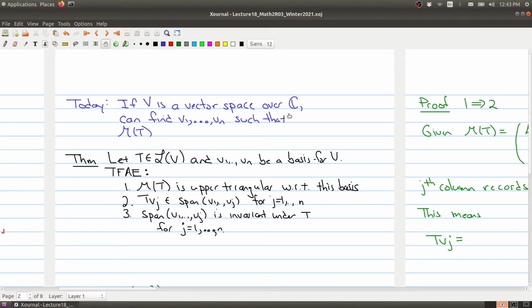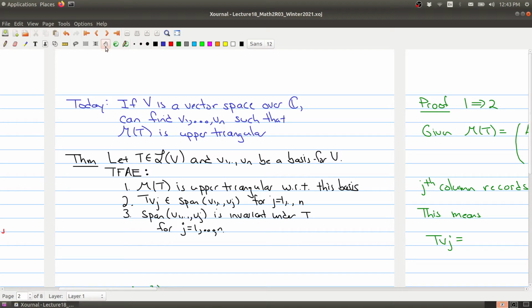My goal, or our goal as a group today, is to show that if we take a vector space over the complex numbers, we can find a basis of our vector space so that this matrix M(T) is upper triangular. This is another example of a result where we need the complex numbers, and it doesn't necessarily work over the real numbers. So that's our goal for today.